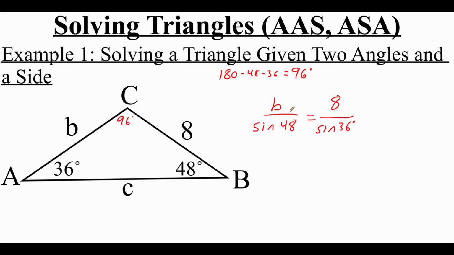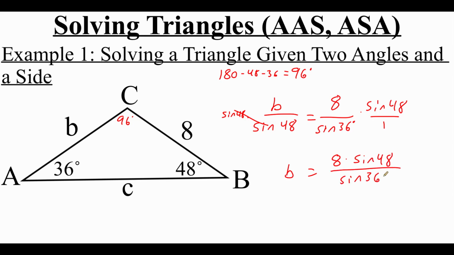Now, if I want to solve to get b alone, right now we're dividing by the sine of 48, so I'm going to multiply that sine of 48 over to the other side. If I rewrite my fraction in here, since I'm multiplying by the sine of 48, that's technically over 1. So if we multiply the top of our fraction together, I'm going to get 8 times the sine of 48 divided by the sine of 36.